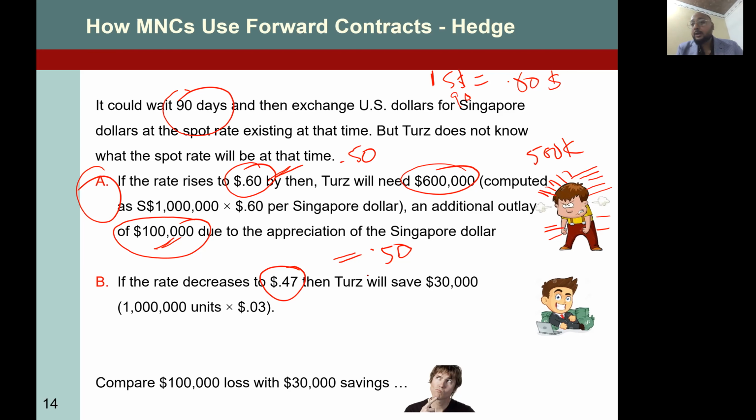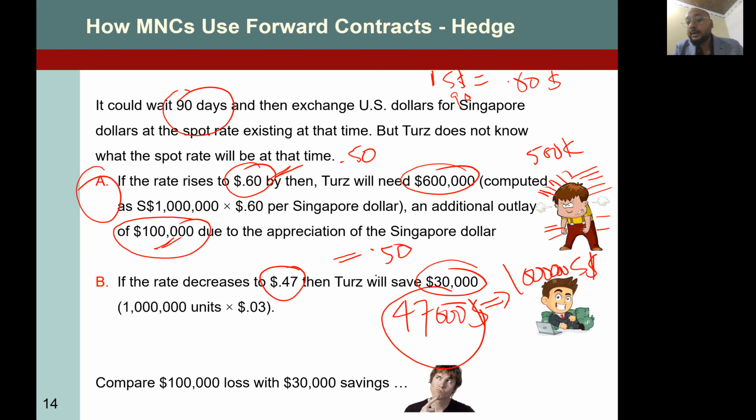If the price goes down, they would be needing $470,000 for 1 million Singaporean dollars. It means they would be saving $30,000. Now you need to decide whether a loss of 100,000 is okay or whether a profit of 30,000 is okay.